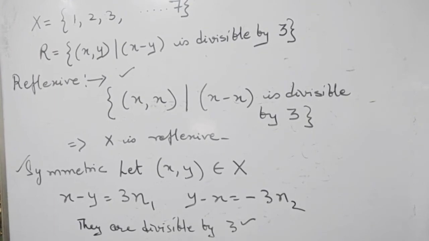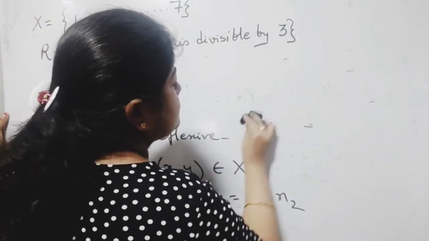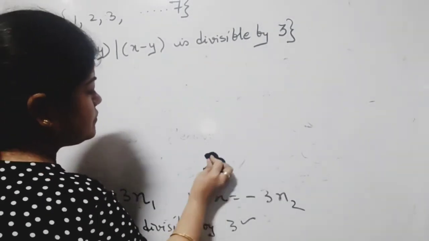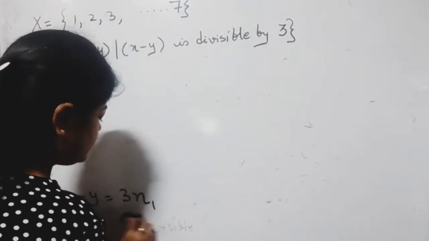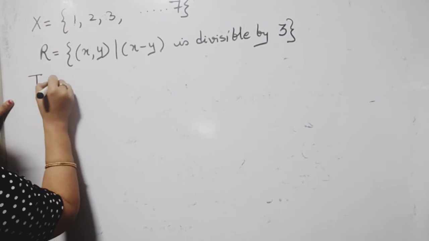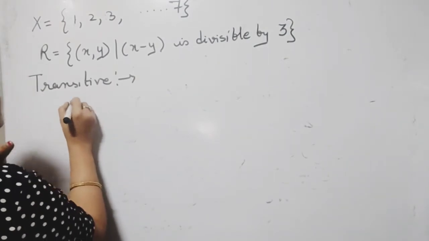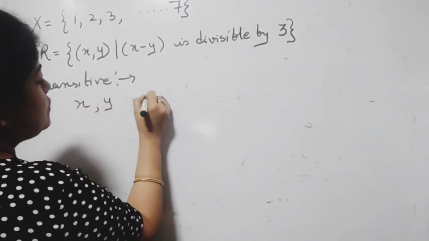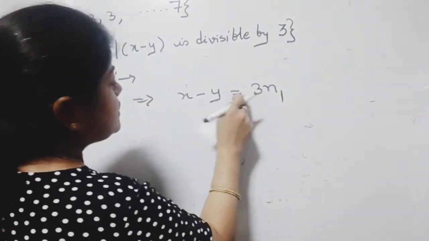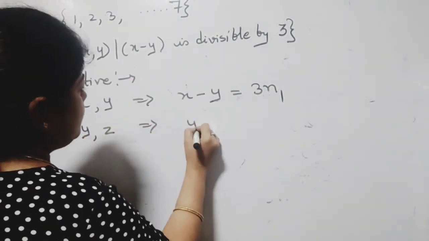Now the third case, whether this set is transitive or not. We have to check it. For the transitive, for example, there is a pair x comma y, so its value is x minus y. Let it be 3n1 because it is divisible by 3. Now another pair we have y comma z, meaning y minus z.